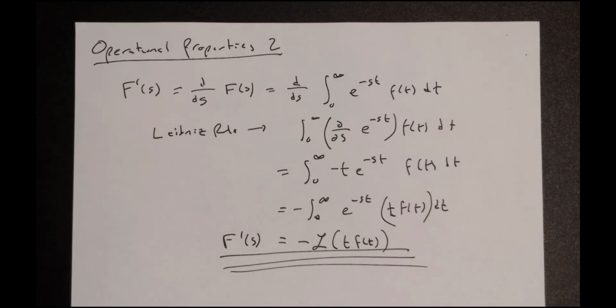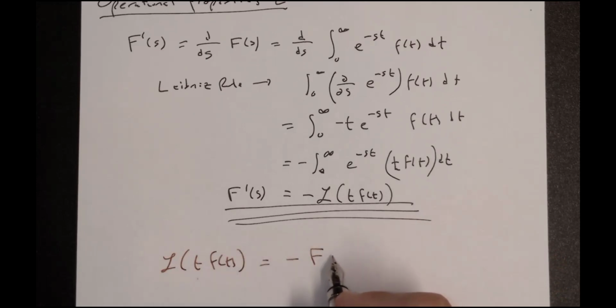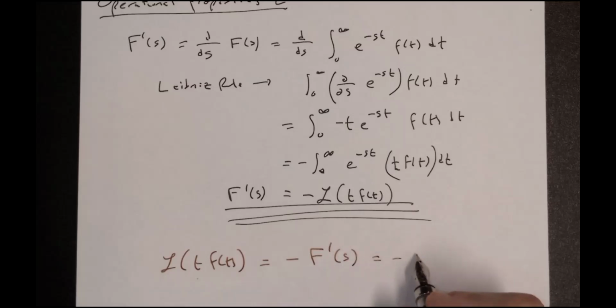That means that I can actually write this underlined expression: the Laplace transform of t times f of t is minus the derivative of the Laplace transform of f of t.